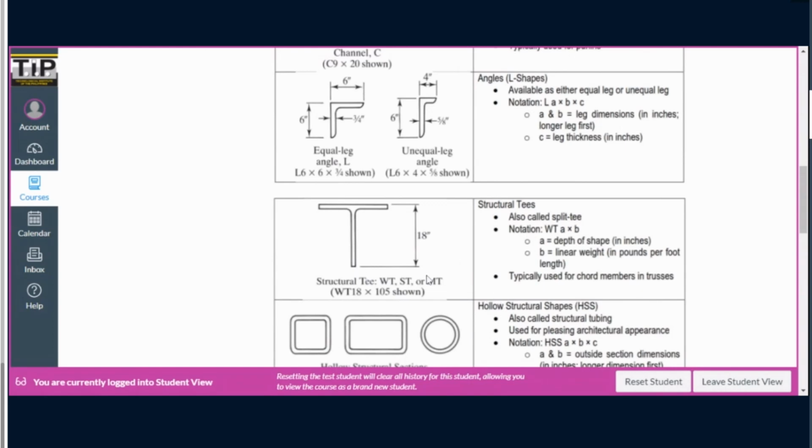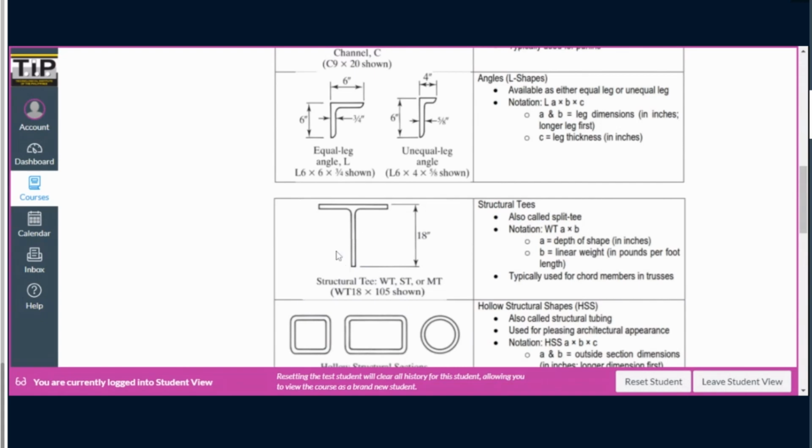Okay, so in this case, we have a WT example. The A and B here are pretty much the same as that of the I-beam. A, the first number, is the depth, and B is the linear weight in pounds per foot. Structural T's are usually used for chord members in trusses, so the bottom chord or the top chord, because it is easier to connect the other truss members like this.